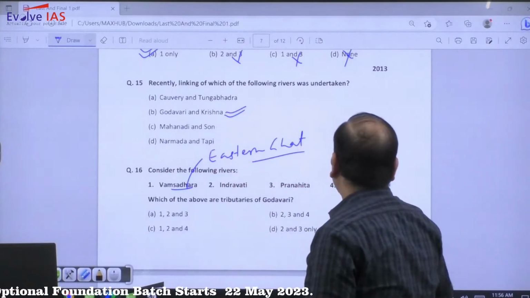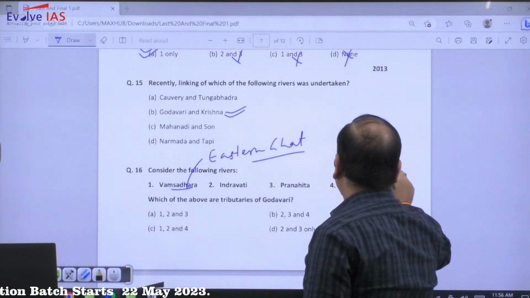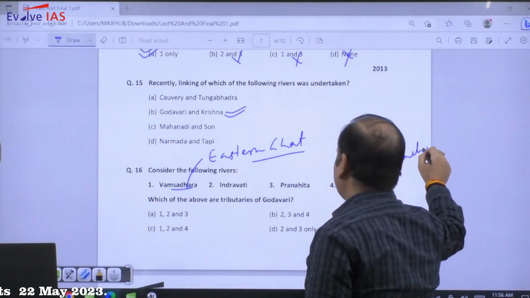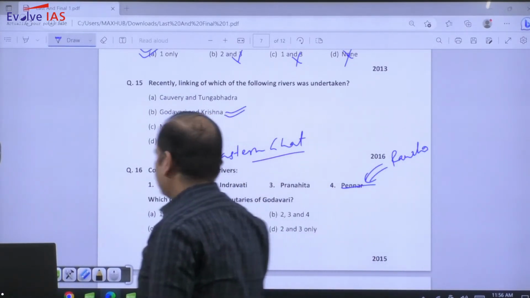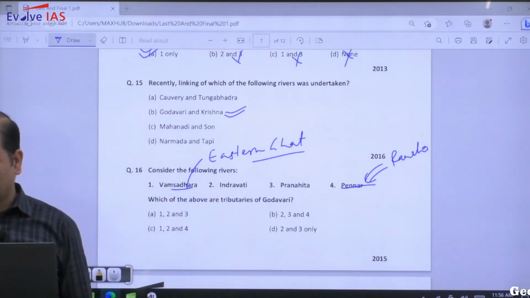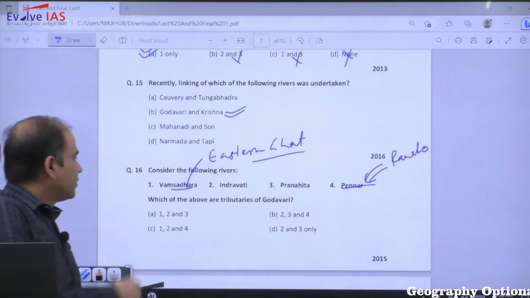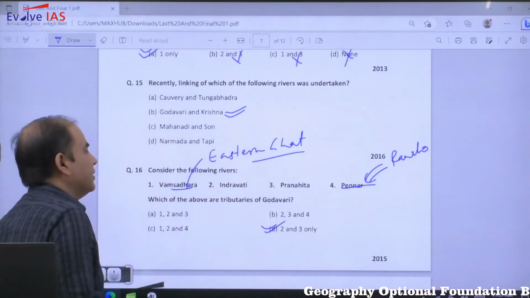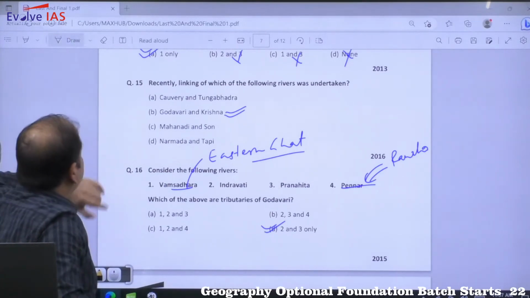Pennar river originates from, this is a river that is originating from this Ranchi plateau. So the answer will be 2 and 3 only. So Indravati, Pranhita, these are the tributaries of Godavari.